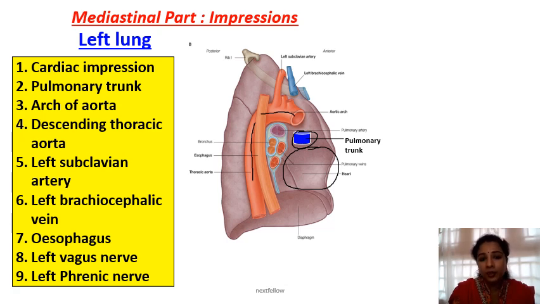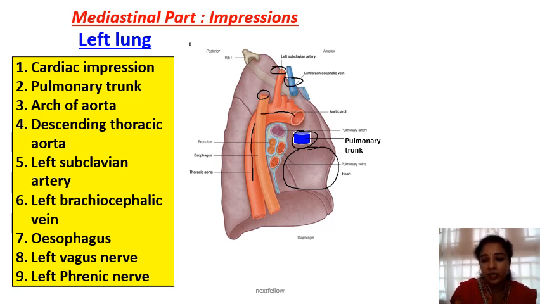Then the left subclavian artery, so this is the groove here for the left subclavian artery, the left brachiocephalic vein, and also partly the esophagus. You can see this muscular organ is the esophagus, and on the left side, left vagus and left phrenic.